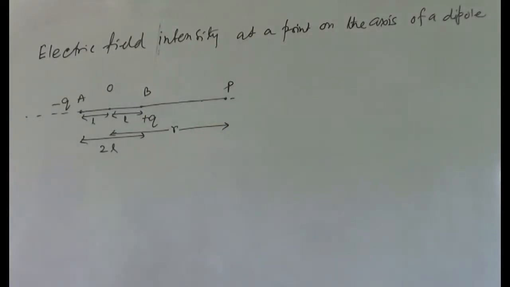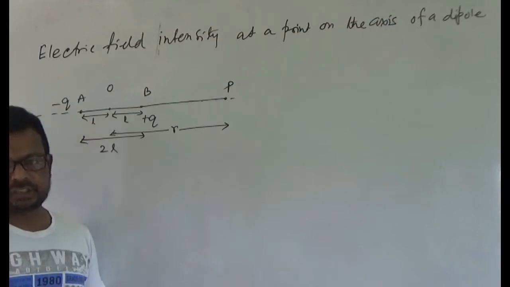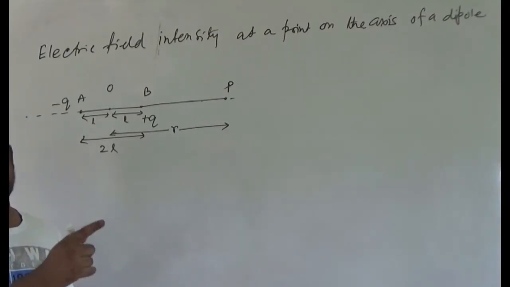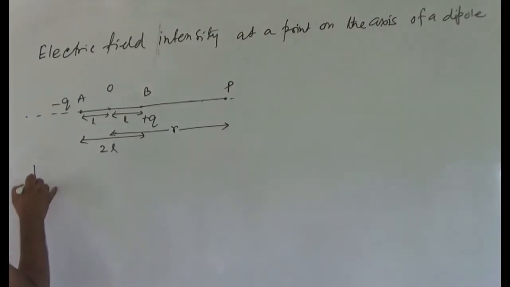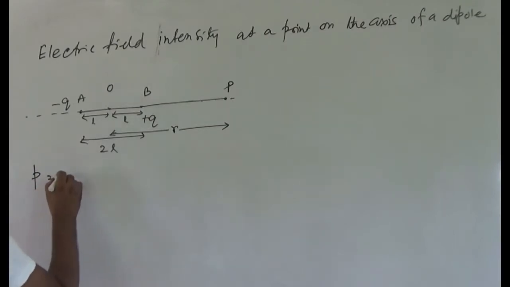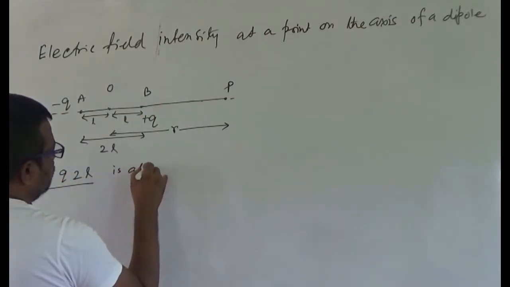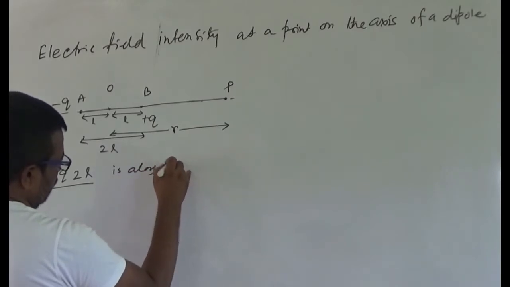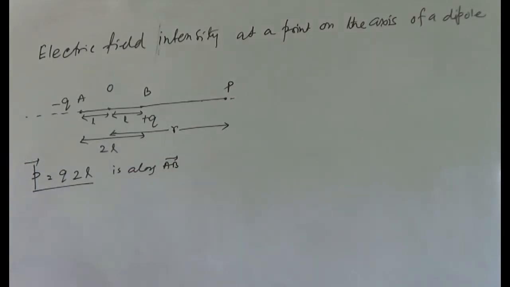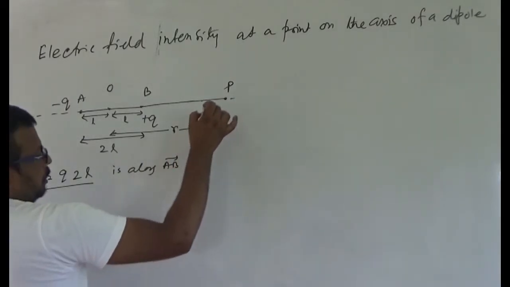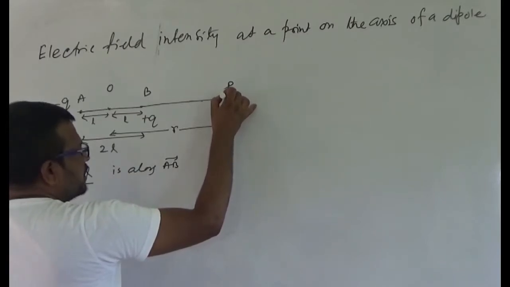That means the field point is at a distance r from the center of the dipole, and the dipole moment of this dipole is q into 2l, whose direction is along vector AB, from A to B. Now we are going to calculate the field at P.